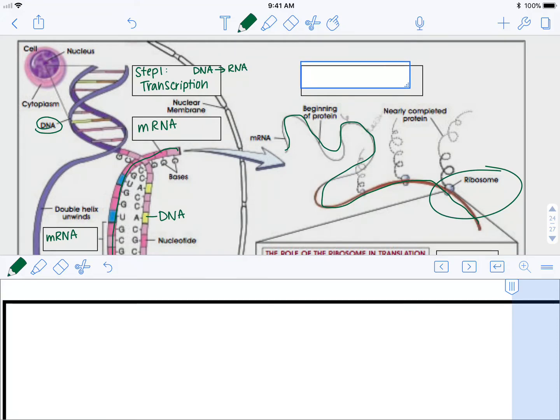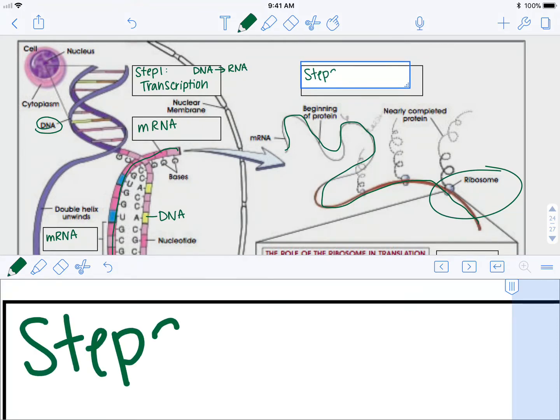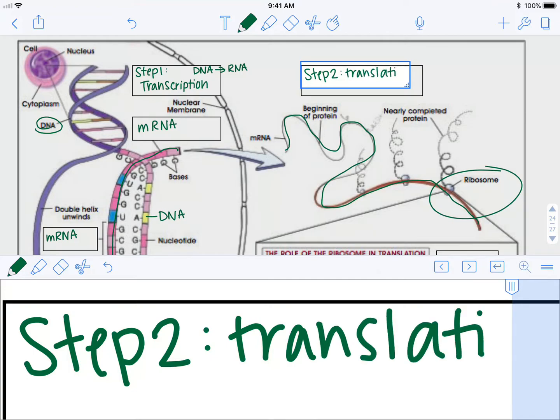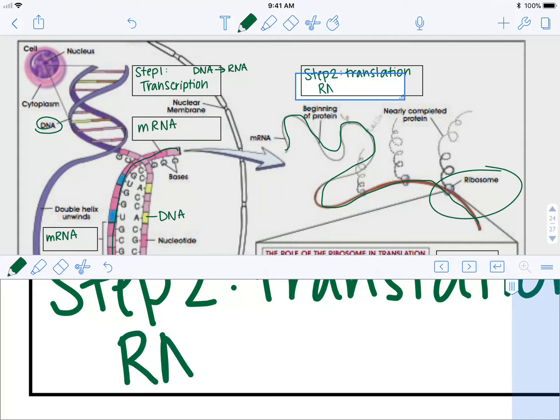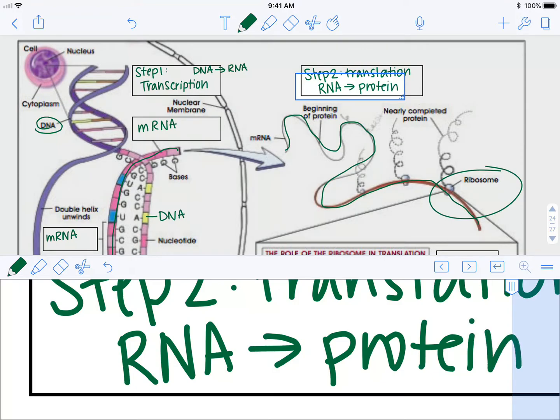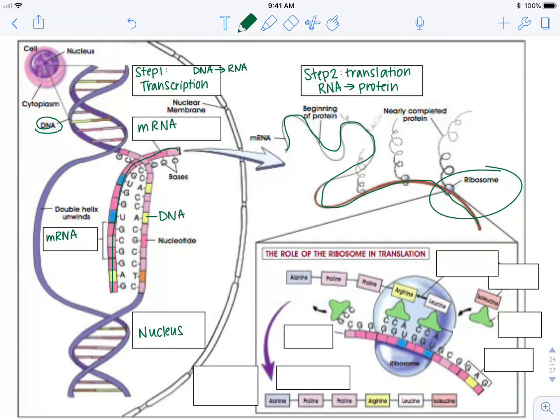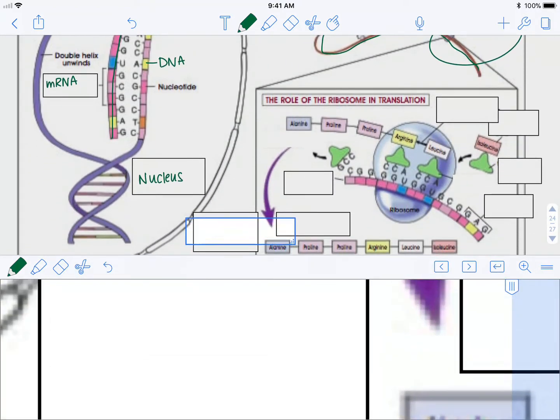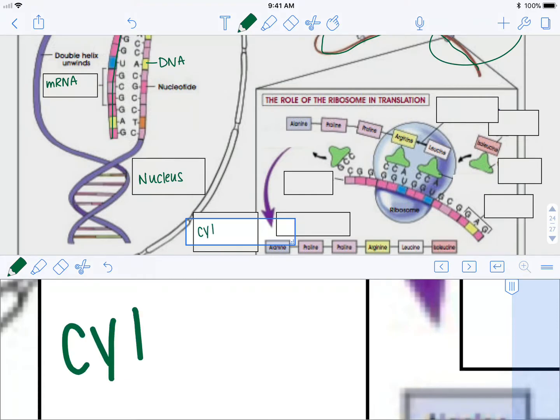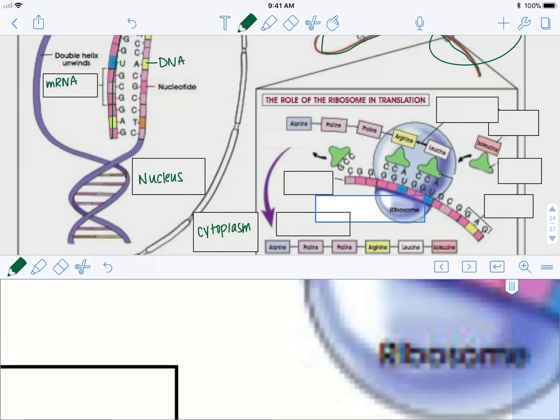Step 2 is translation. And as we've been talking about, translation is the process of going from RNA to a protein. Okay? We are going to be in the cytoplasm, hanging out at the ribosome for this whole process. So you could label all of this over here as our cytoplasm.